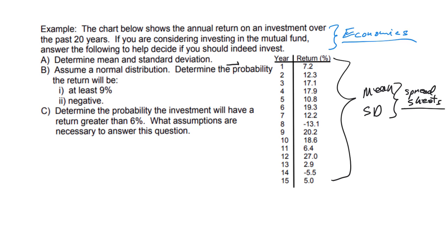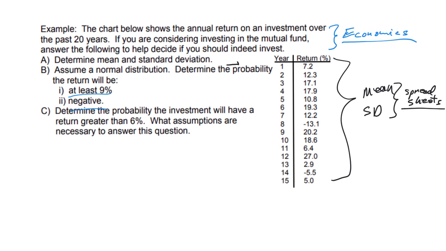Okay. Now, this overall is what we call an economics type problem. These economics problems are based on money, and that's one of the things that we're always looking to maximize, right? If we can find the mean and the standard deviation, then we could figure out the probability of getting, say, at least 9% return, and when it's negative, when we don't want to be invested in this company.